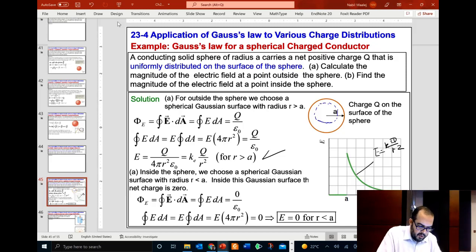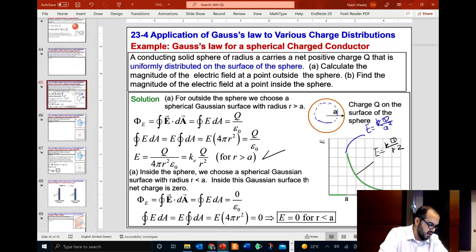So if you plot the electric field versus the radius, as long as the radius is less than the radius of the sphere A, it's 0. When you reach the value of A, suddenly the value jumps to E equal to kQ divided by A squared. Then we did it for the cylindrical case.